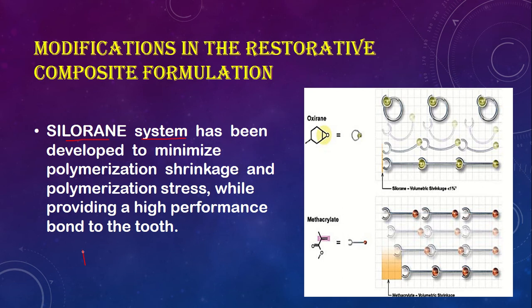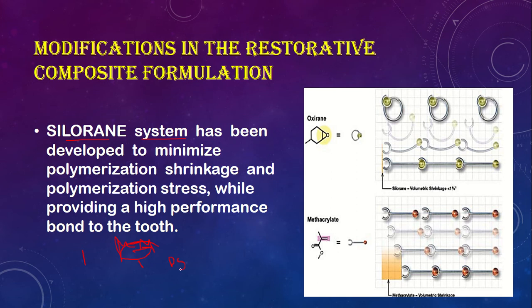In the conventional methacrylate based resin, we have a linear free radical addition, that is the monomers come close together to form the bond, isn't it? The monomers come close together to form the bond. This process results in loss of volume, hence the polymerization shrinkage.